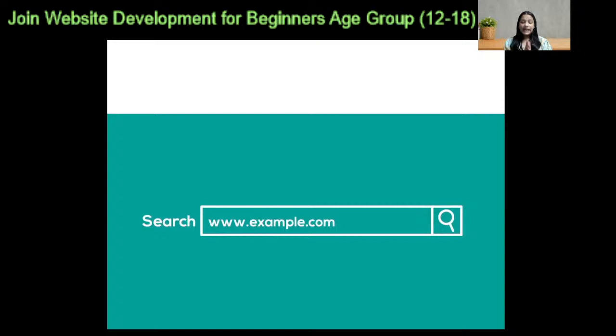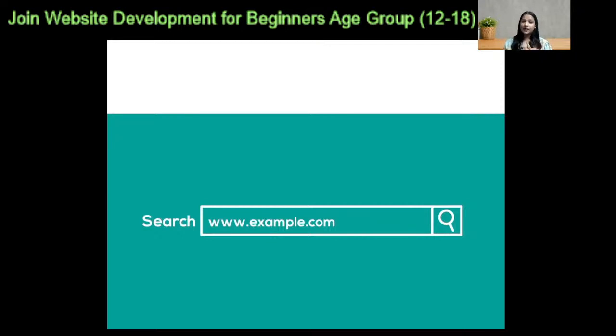They can access your website, which means they can see what it is about, whether you are offering any services or products, or selling something. So the domain name plays an important role.